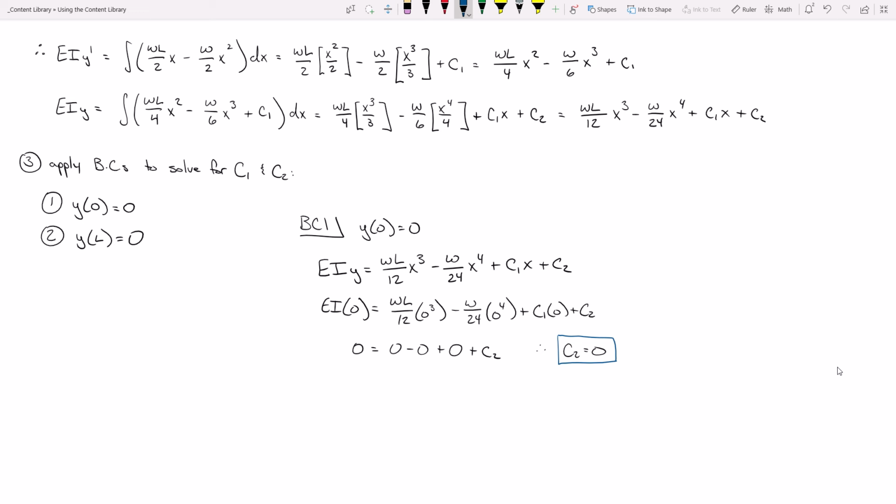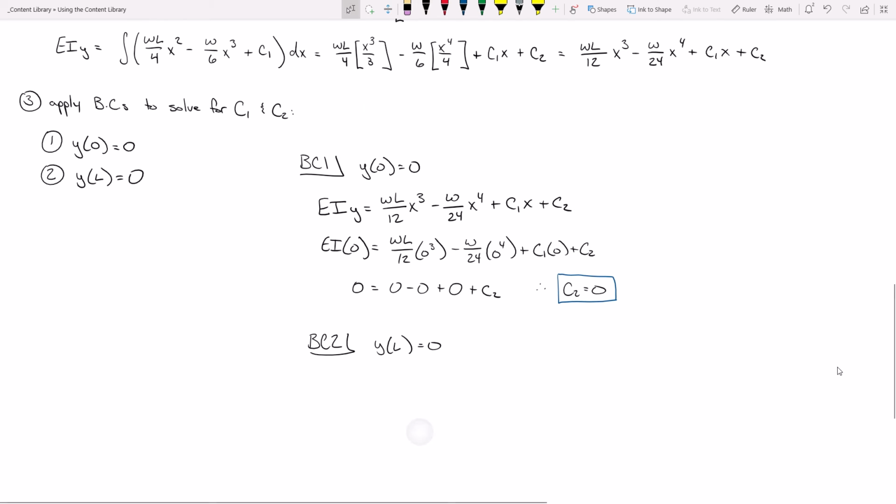So BC2. y of L is 0. So now, here's our function. EIy is WL over 12 x to the third minus W over 24 x to the fourth plus C1x. I'm not even going to bother writing C2 because I know C2 is 0, right?